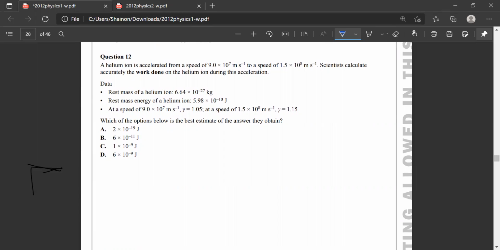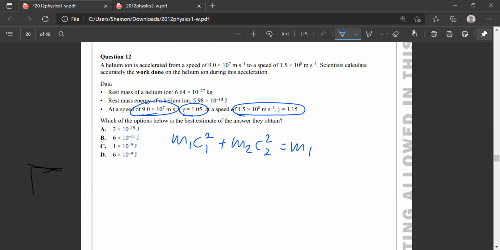This one, at the speed of this, gamma is this. So I just applied the momentum equation, but for energy.